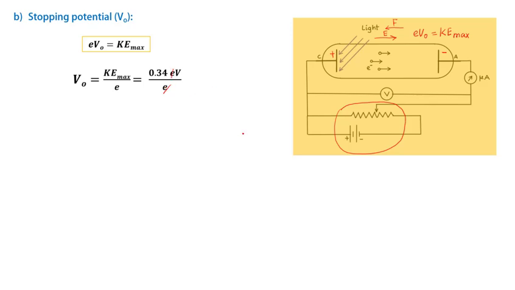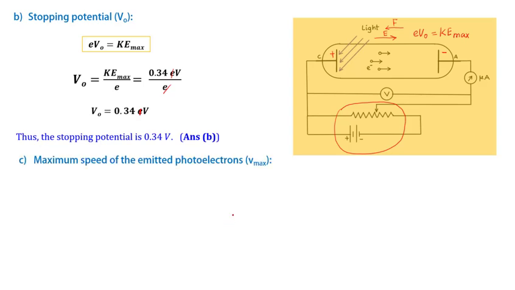We are left with 0.34 volts. So the stopping potential is 0.34 volts, not electron volts, volts. Thus, the stopping potential is 0.34 volts, and that is the answer to part B of the question.